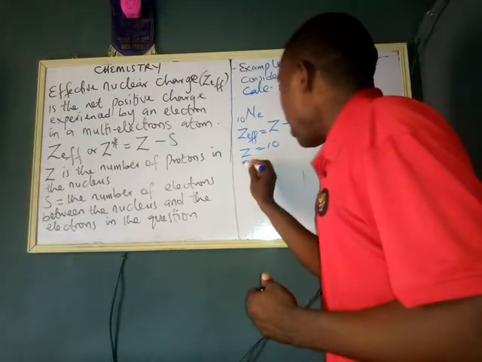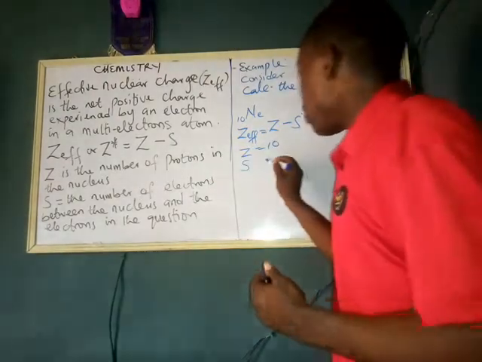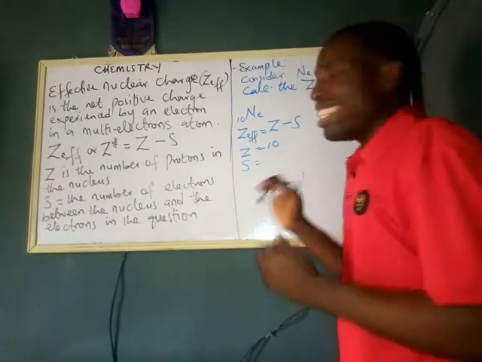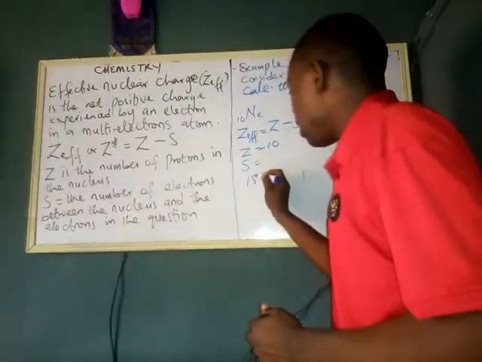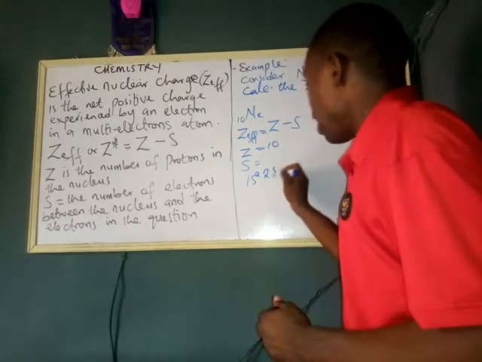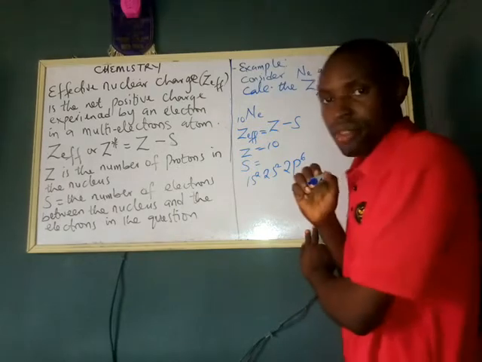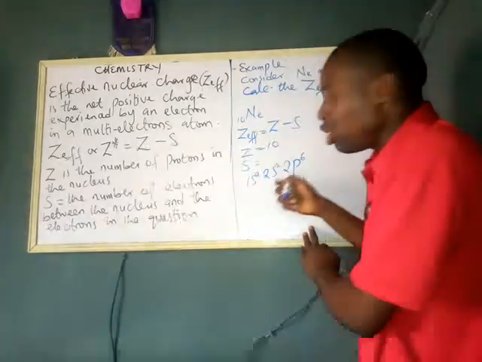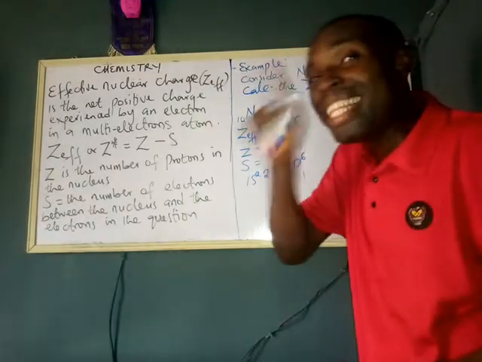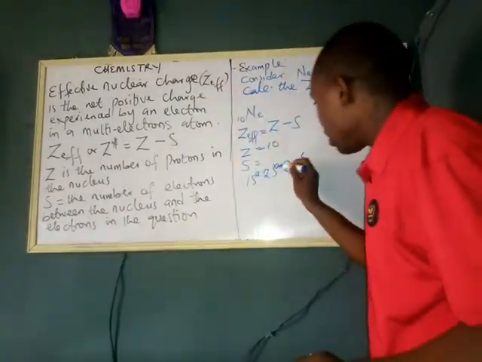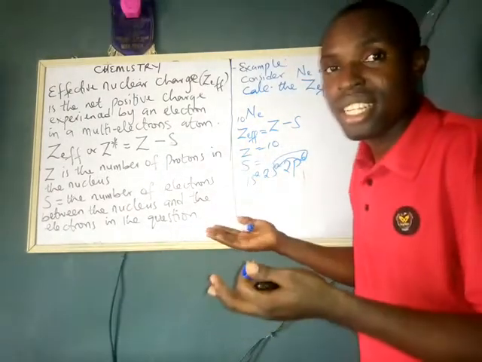While to get X, which is the number of core electrons or the non-bonding electrons, we first of all write the electronic configuration for it, which is 1s2, 2s2, and 2p6. Now, from this neon atom, the number of valence electrons here is 8, which is group 8.